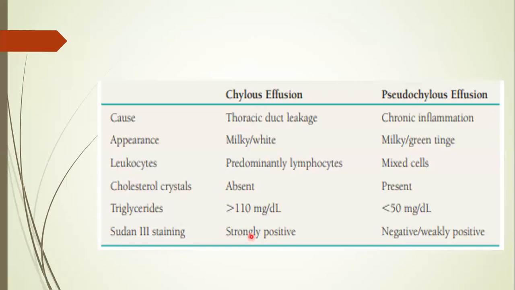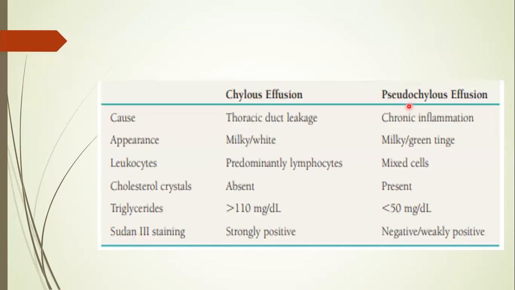And remember, you learned in chemistry first semester that chyle is carrying fat, such that a Sudan III staining, which is a fat stain, would produce a positive reaction for chyle.